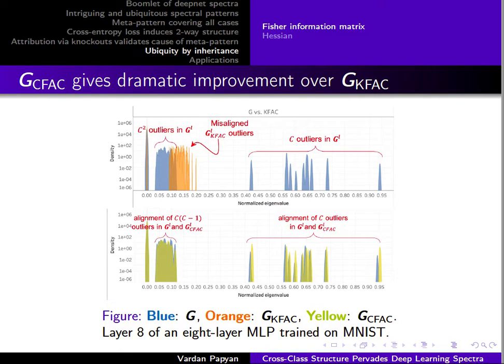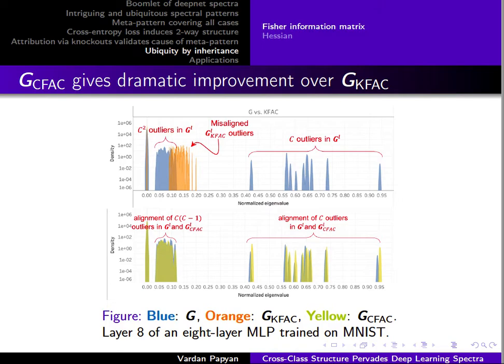And you can see how the spectrum of KFAC is completely misaligned with the spectrum of the Fisher information matrix. So essentially, it's a bad approximation. At the bottom, you can see the spectrum of G in blue, the spectrum of CFAC in yellow, the class-conditional version. And you can see how they almost perfectly align.